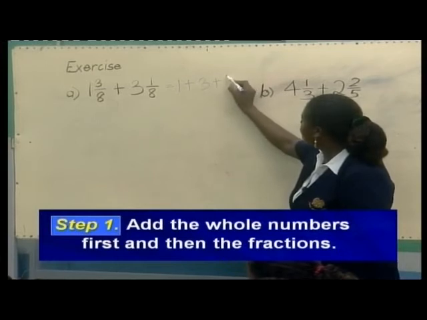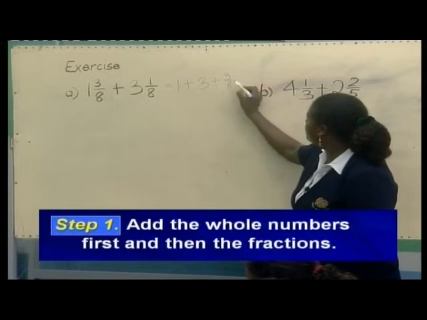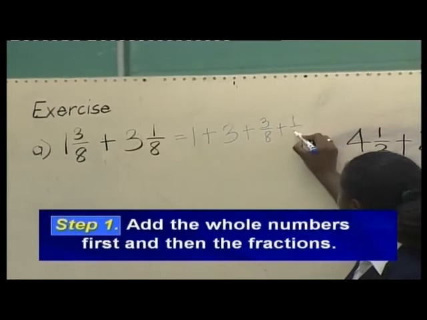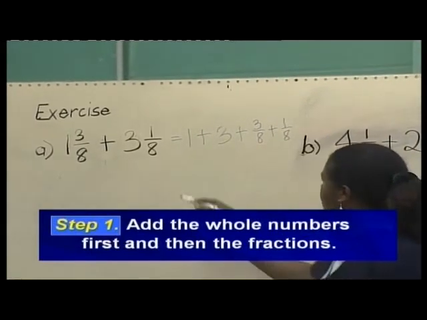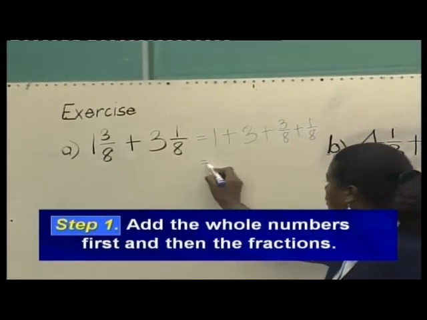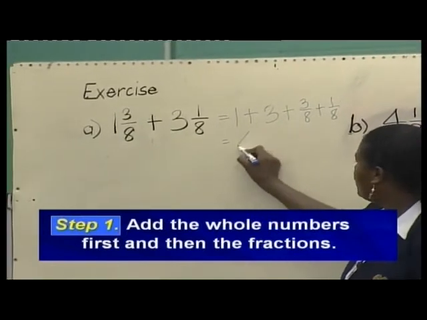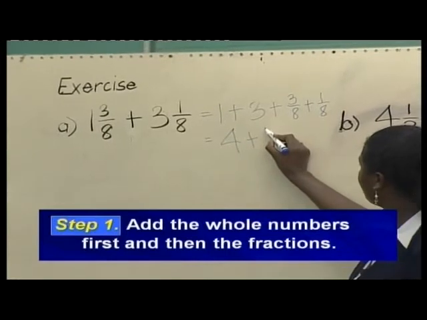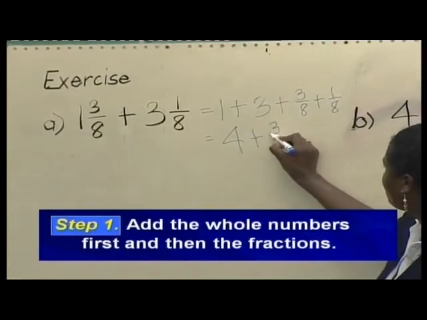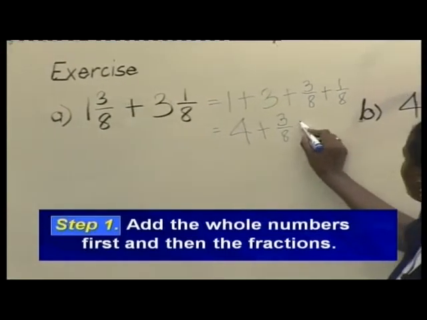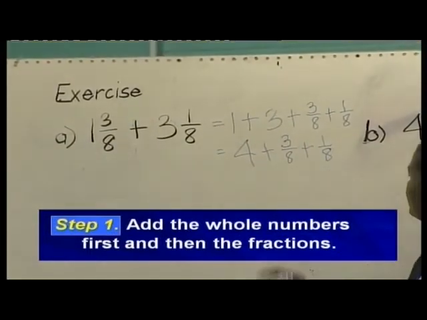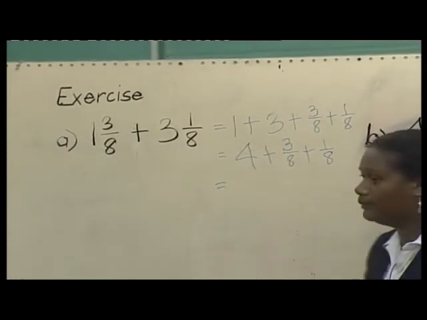What's the fraction? 3 over 8. What's the next fraction? 1 over 8. So 1 plus 3 is equal to 4, plus the first fraction, 3 over 8 plus 1 over 8.